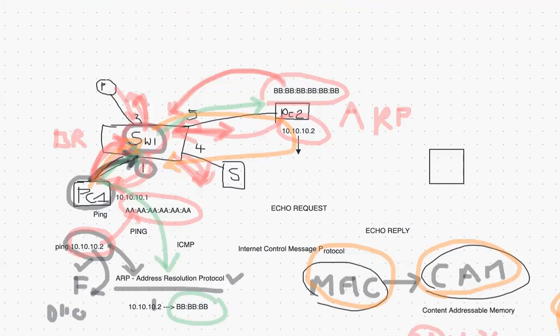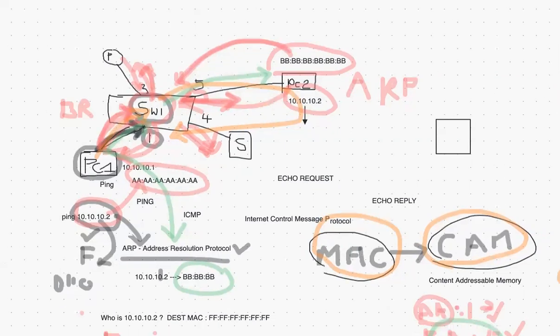ICMP uses echo request and echo reply to send the request and response back. The table that converts IP addresses to MAC addresses is called the ARP table, Address Resolution Protocol table, which matches the IP address to the MAC address. The switch will store MAC addresses in a table called the CAM table, the content addressable memory table.